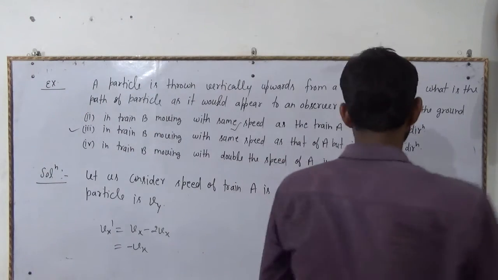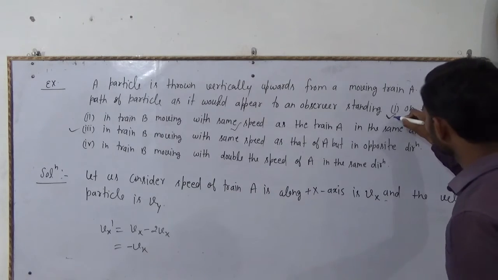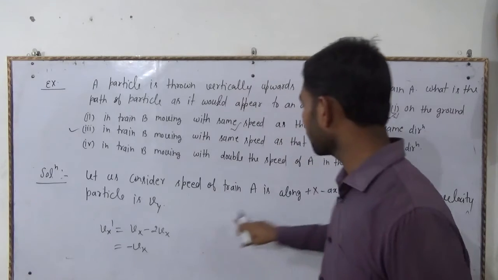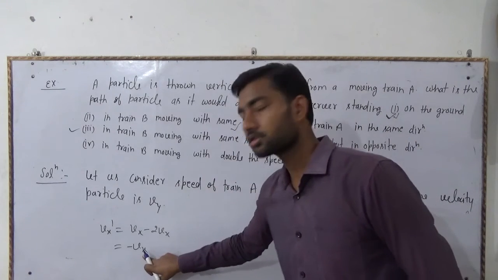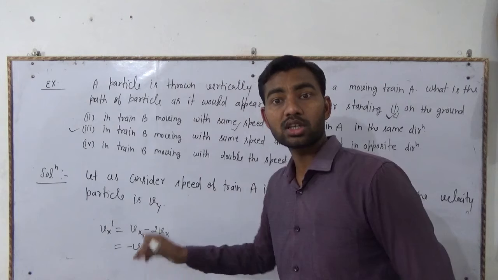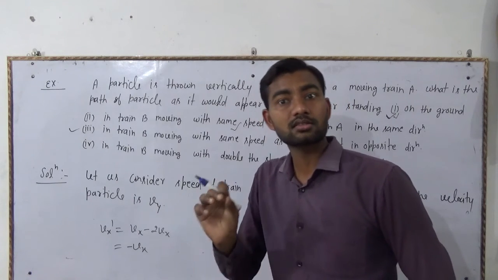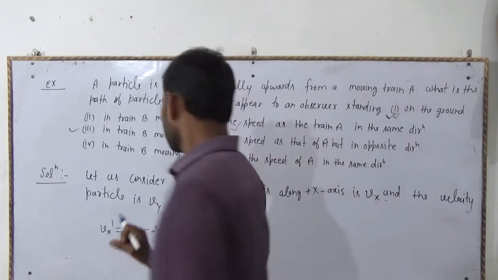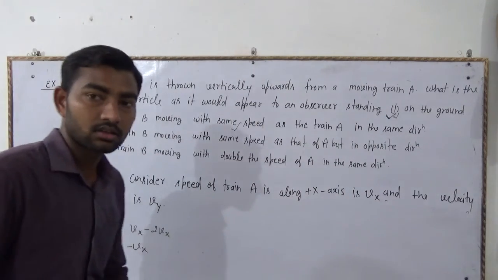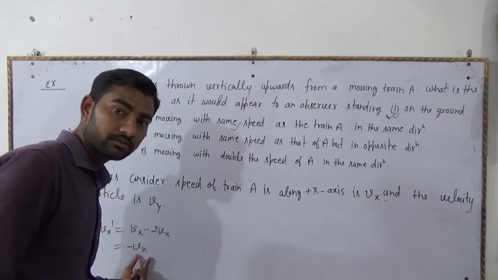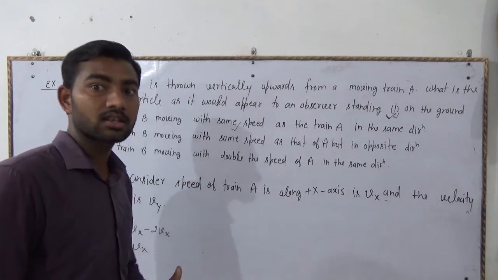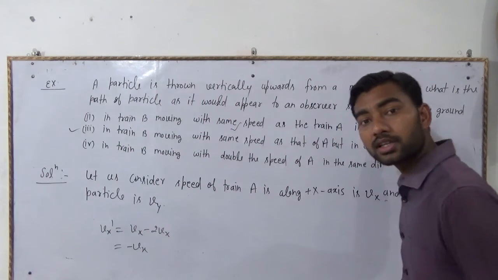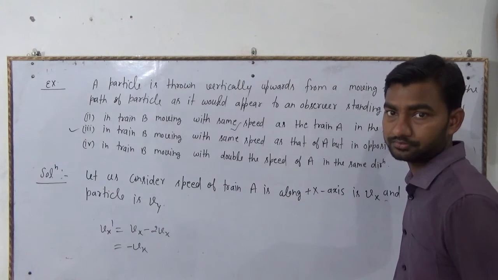Friends, attention please. In the first condition the velocity was Vx, and in condition 4 the velocity is minus Vx. Only a difference in signs. So we will get the same result as we found in the first condition. Only the difference will be in the direction.